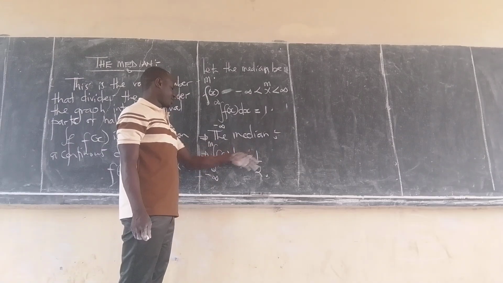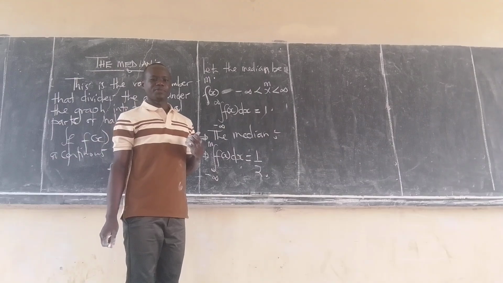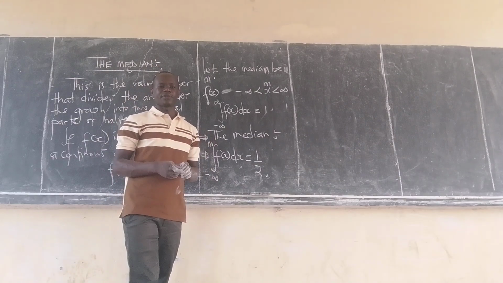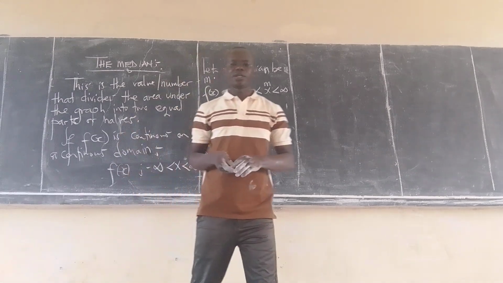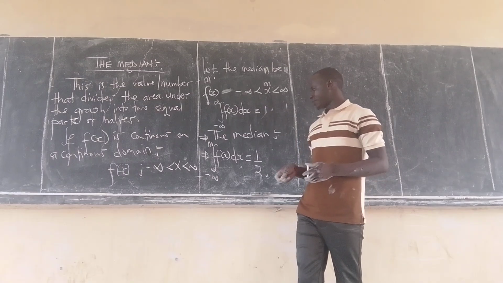So if after integrating you get the value of m, then that m stands to be the median if and only if that value of m lies in the range of the values of x in which the PDF is defined.